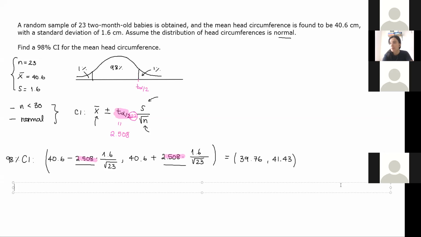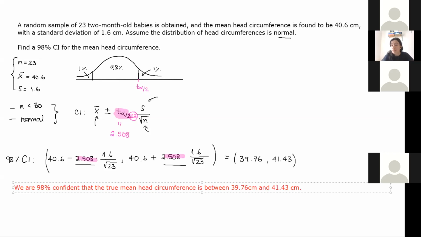So over here, what's happening is that we are 98% confident that the true mean head circumference is between 39.76 centimeters and 41.43 centimeters, right?